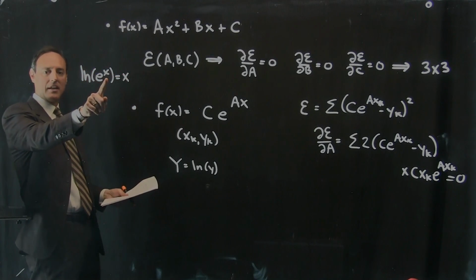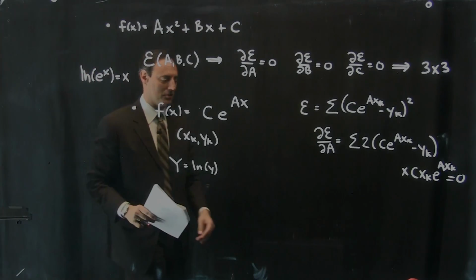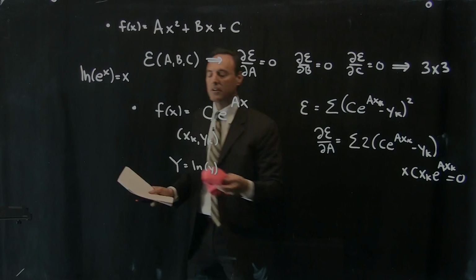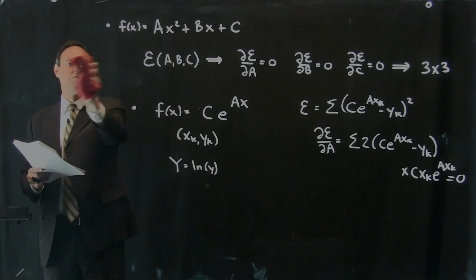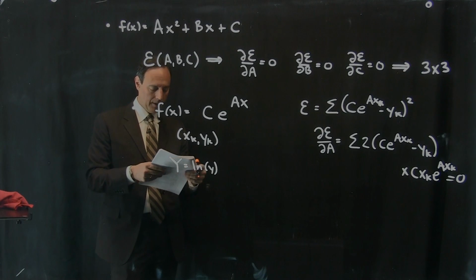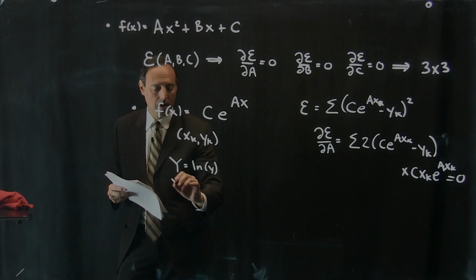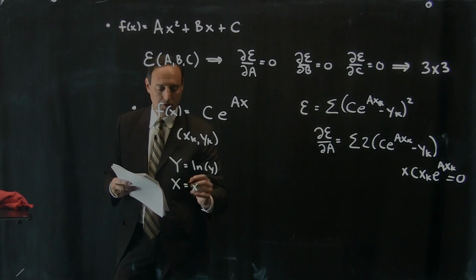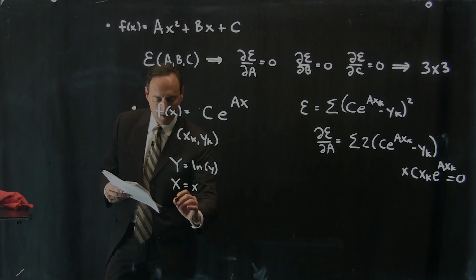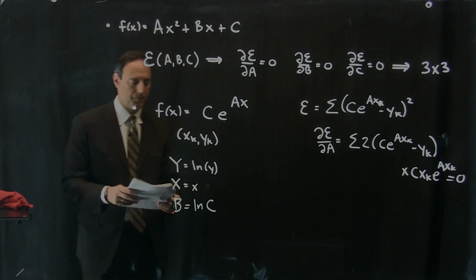So it takes an exponential function and turns it into a linear function. That's going to be the key here, to define a new set of variables where I've linearized the data. So what I want to do here is define a new variable, capital Y, capital X, which is just little x, and b, which is log c.